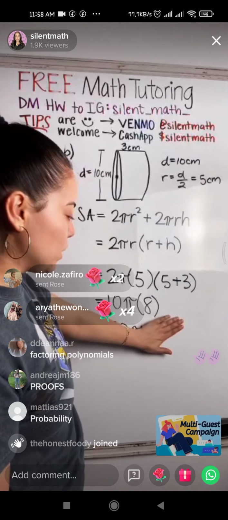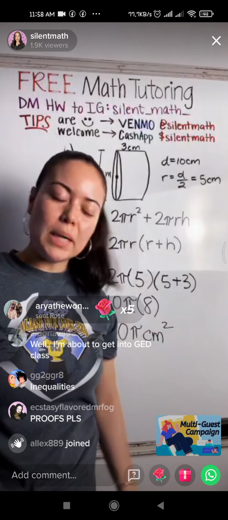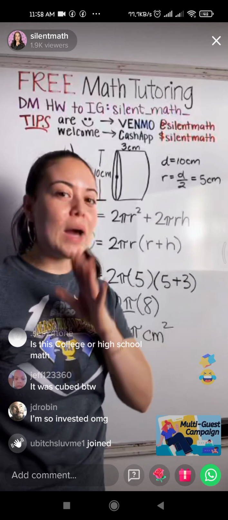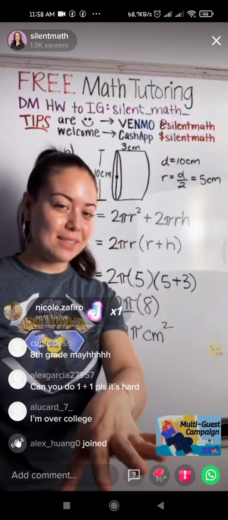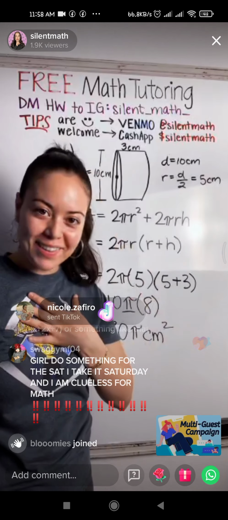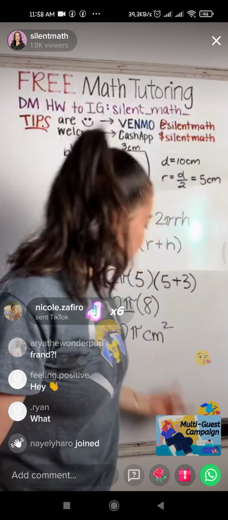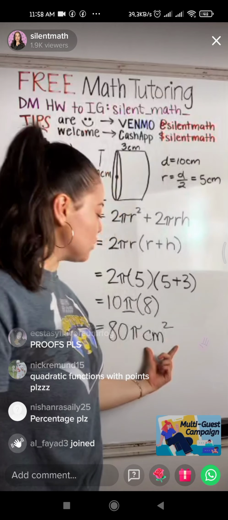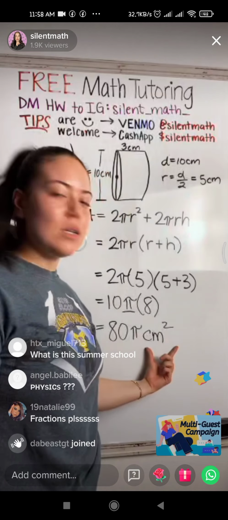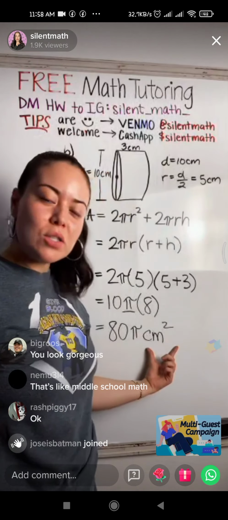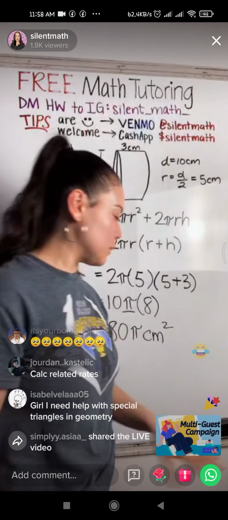No, specifically centimeters. 80 pi centimeters squared. Okay? And that's it. You're going to do the same thing for the third problem. I believe in you. Just use the formula, plug in your values, and you're good to go on. Don't forget to add the units.